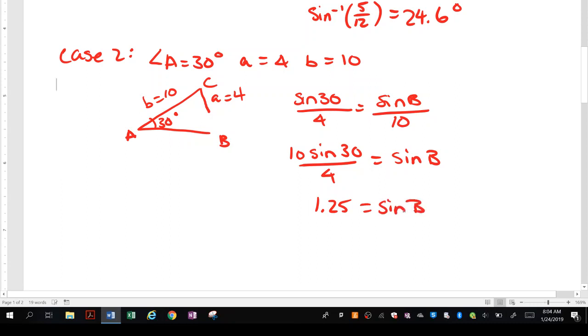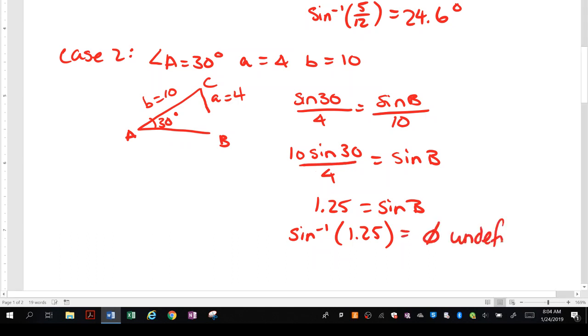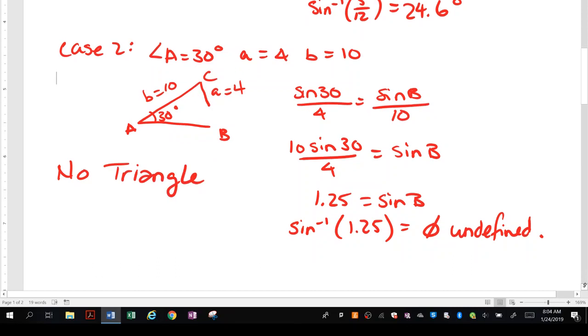And this will give us an error when we take the inverse of this, because this can't be greater than 1. So this is undefined. Let me write it this way. This is equal to undefined. It can't exist. So no triangle exists in this case. So there is no triangle. Side A is too small in this case.